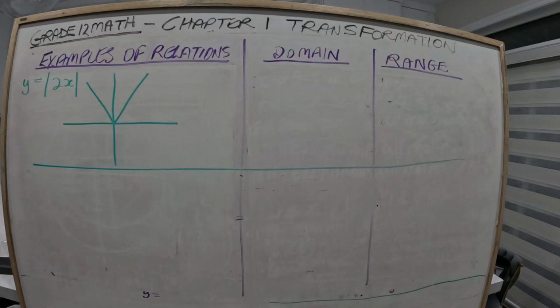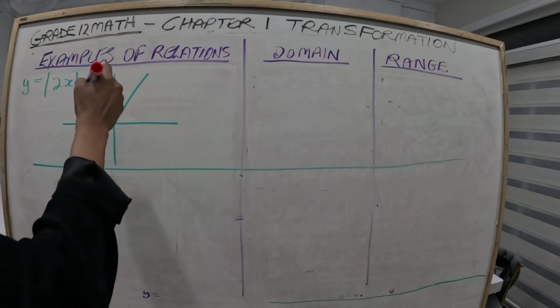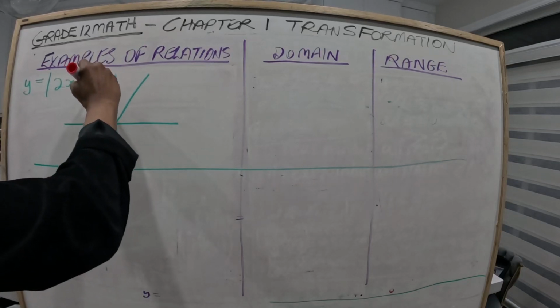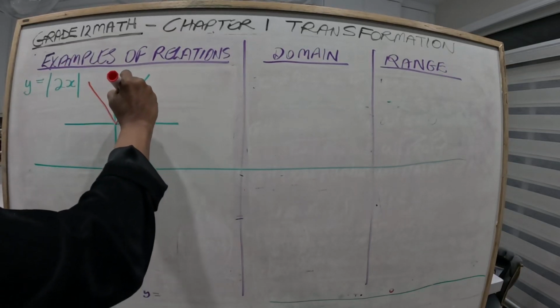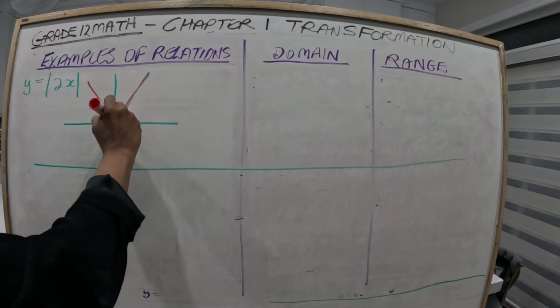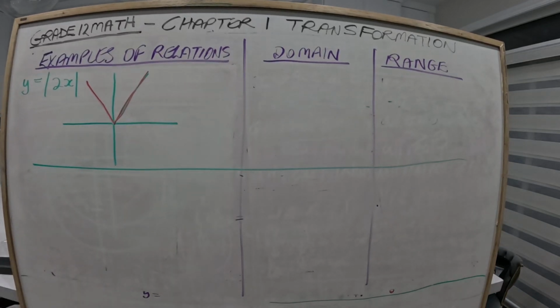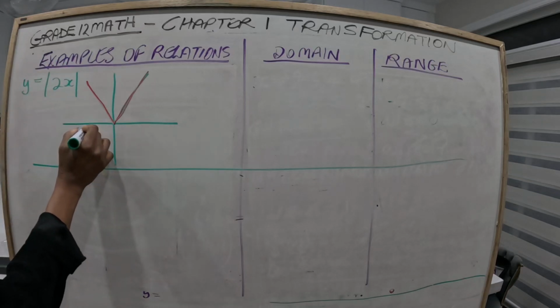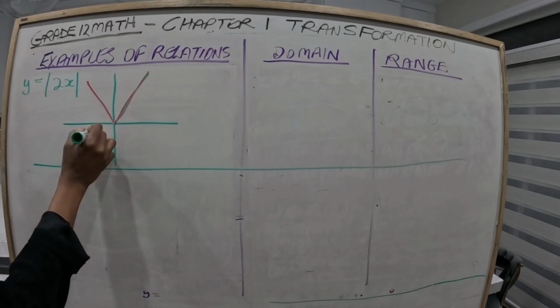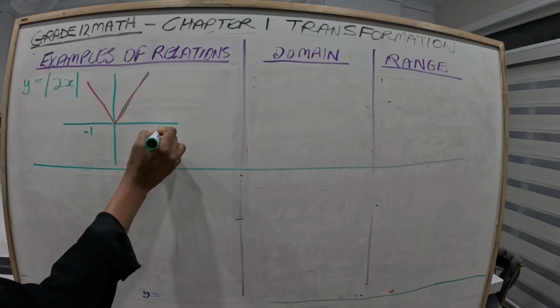I know it's going to be easier to see this way. So this is the graph. Okay. So this is -1. This is +1.